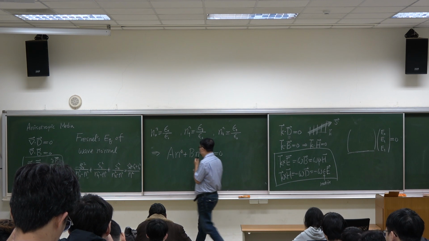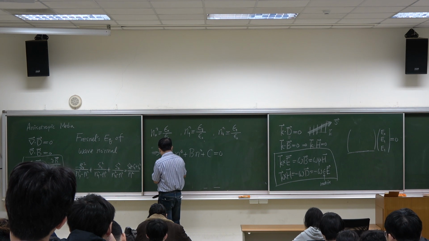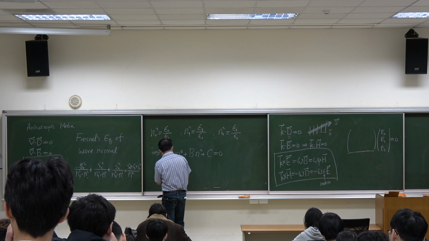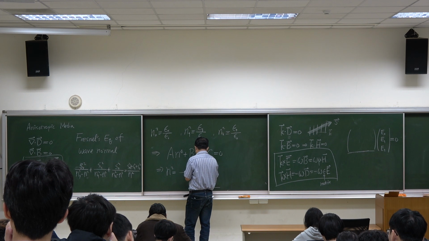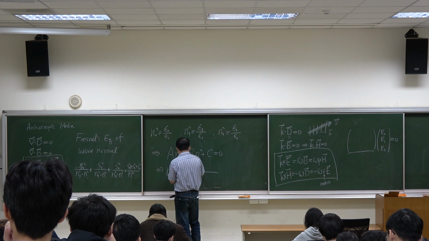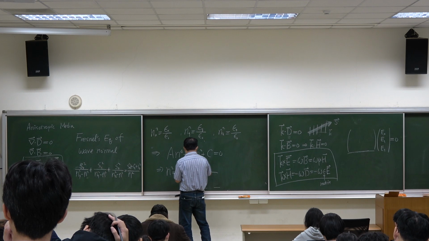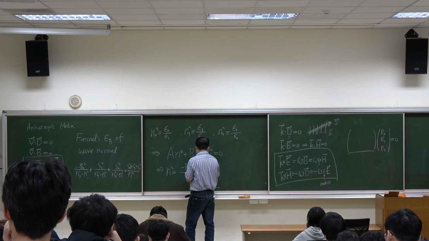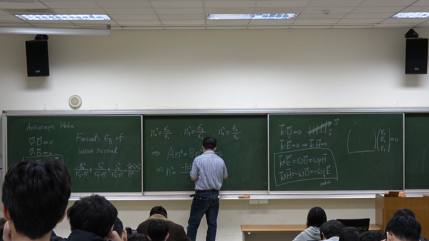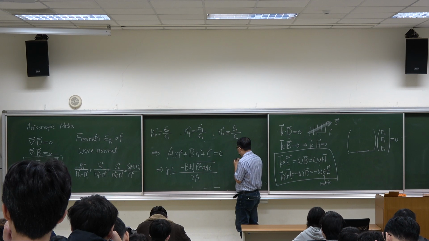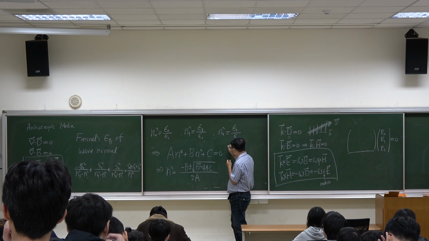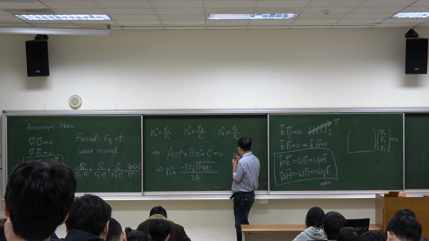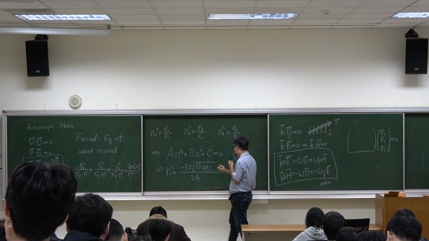Then you can solve for n squared. You will find B is negative, A is positive, C is positive.